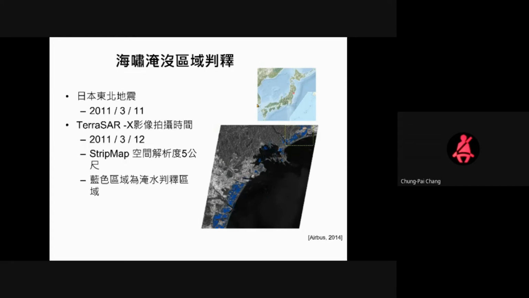That's a large tsunami triggered by a large earthquake, and this tsunami seriously damaged this area, the Sendai area. And you can see the image here. The blue color is the area that we determined by using the radar satellite. This is TerraSAR, a German radar satellite.